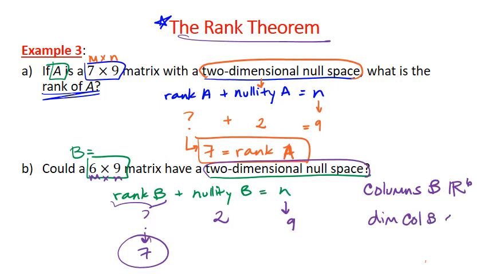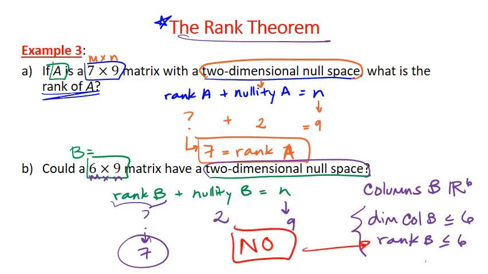So the dimension of column B has to be less than or equal to 6, which means the rank of B has to be less than or equal to 6 by the rank theorem. So could this matrix have a two-dimensional null space? The answer is no, because of this. Okay.